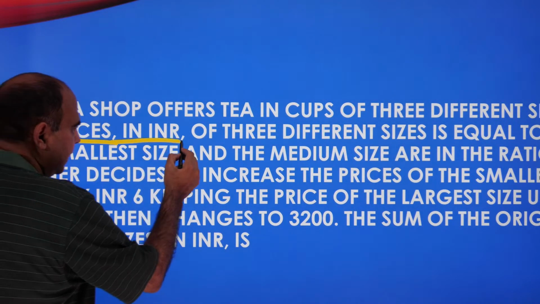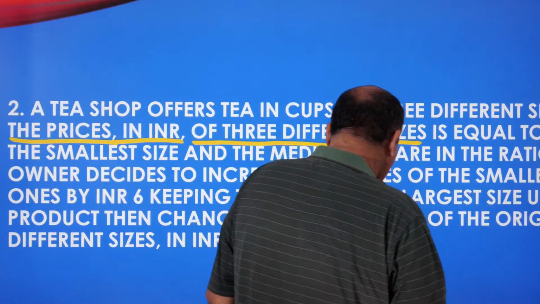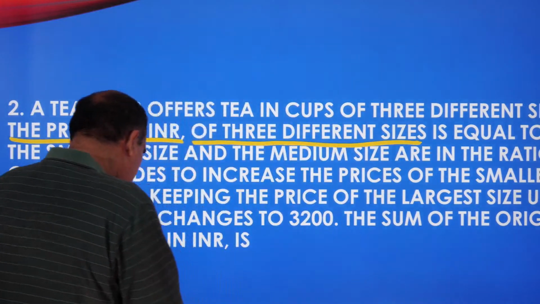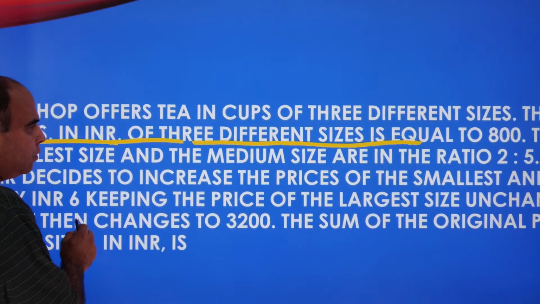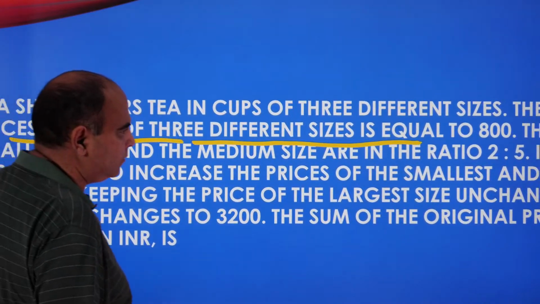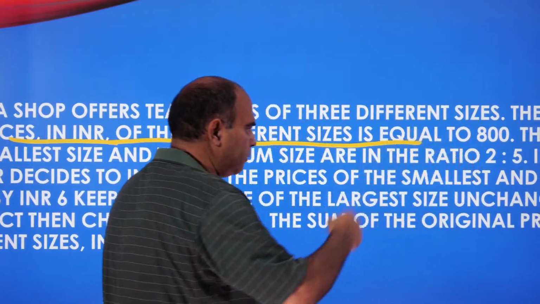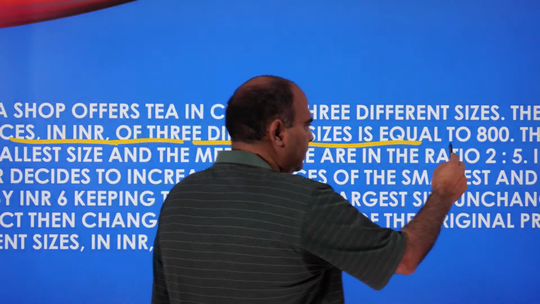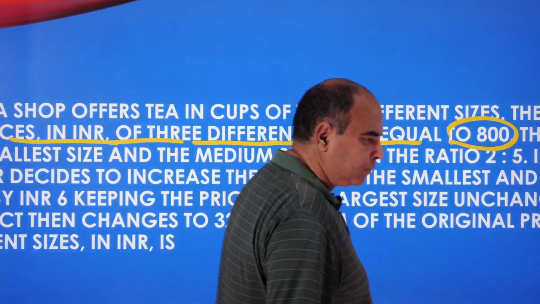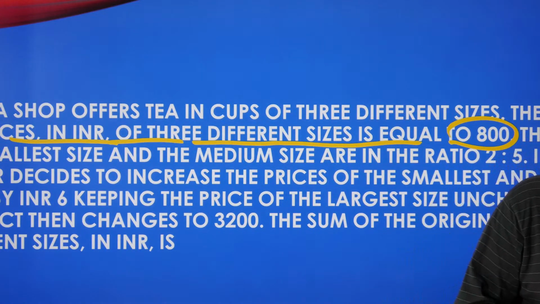The prices in INR of the 3 different sizes is equal to, I think you can't see that last part, so I'll just bring that part here, is equal to 800. So this is a point where you have a reaction to the problem. That there are 3 prices, right? So you have a reaction point at this point.